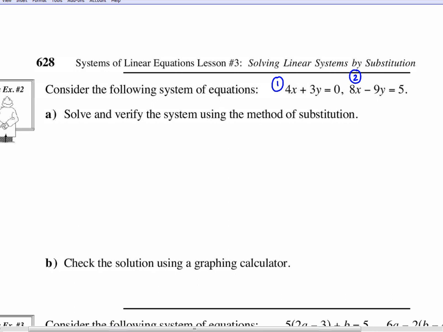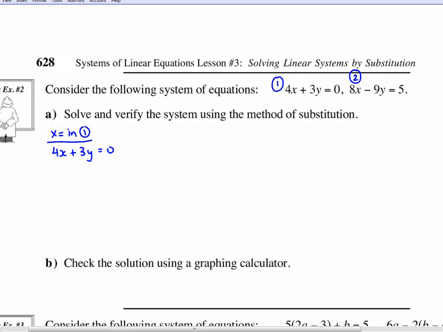Do number 1? Yeah, I agree. I think 1 will be a little bit easier, just because there's no constant. So we're going to rearrange for which one? For x or y? X. Okay. So let's make x equals in equation 1. Plus 3y equals 0.